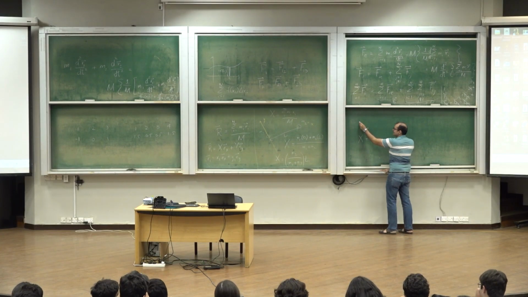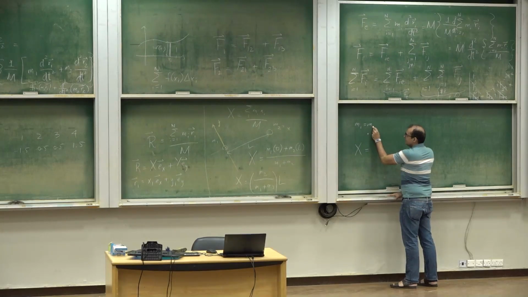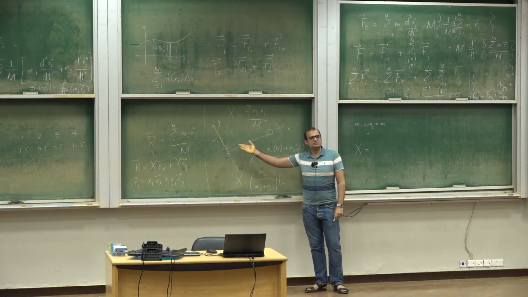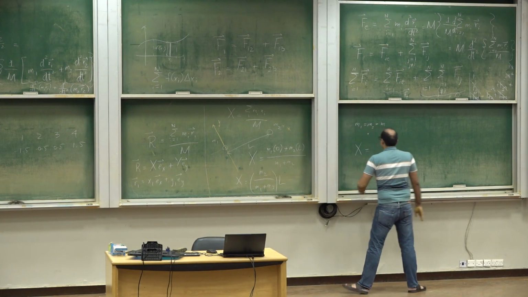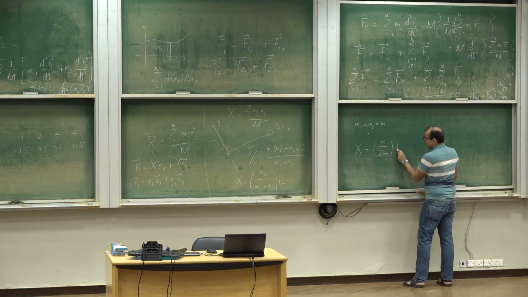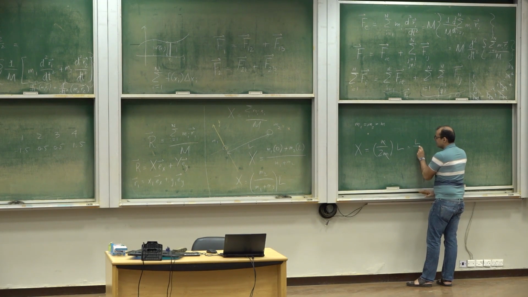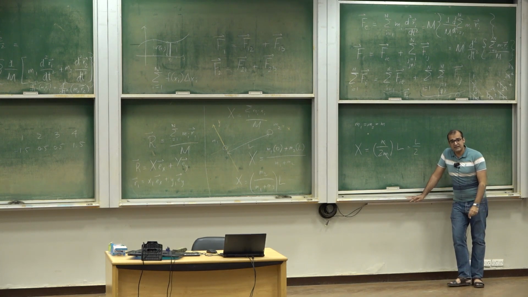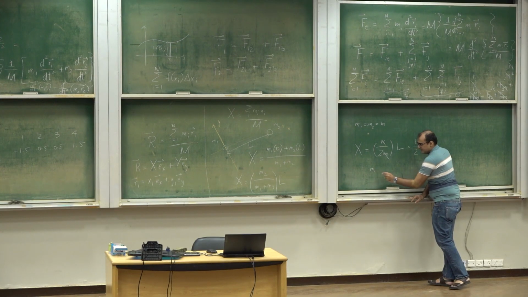If they are equal, I just say m1 equals m2 equals m. What does your intuition tell you? Where will the center of mass be? In the middle. Okay, so let's check this. This is equal to m over 2m times L. The m and m cancel and you just get L over 2. In the middle.